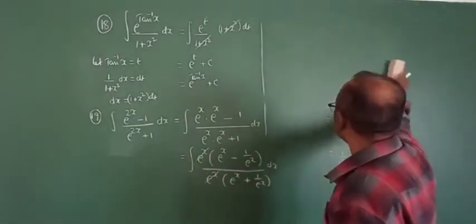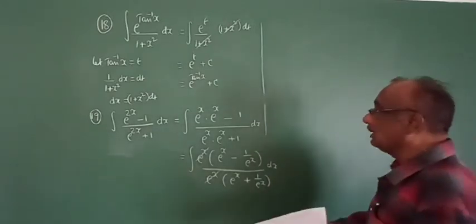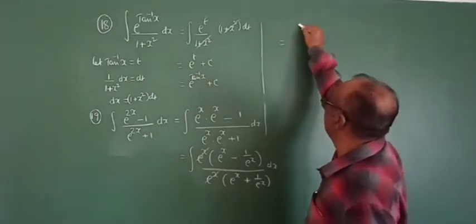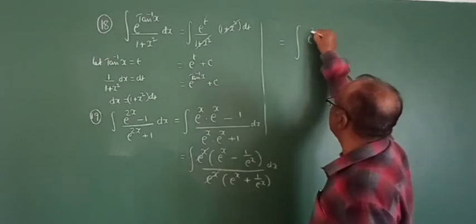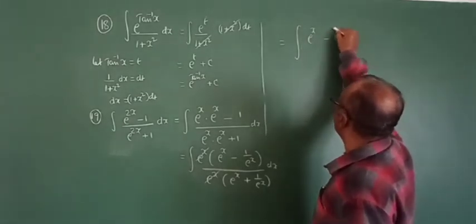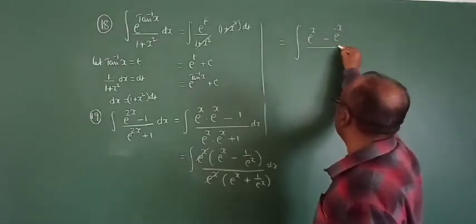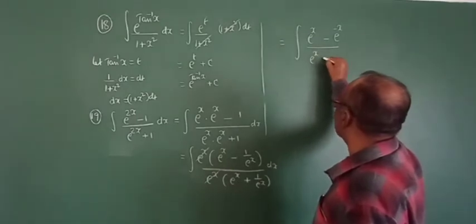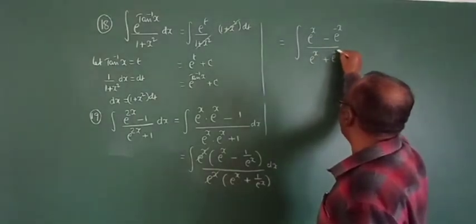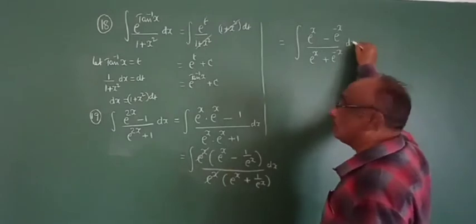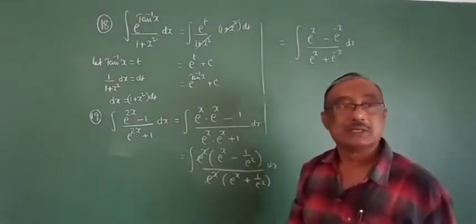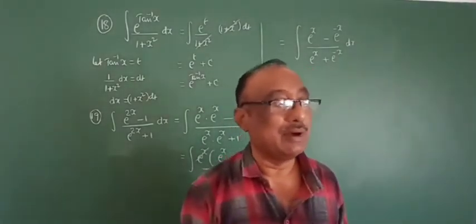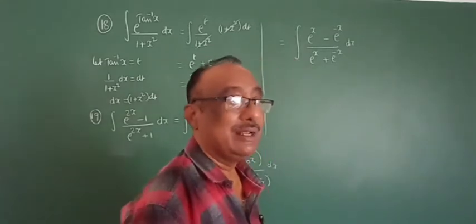Everyone observe. Integral of e power of x; for the second one, the reciprocal power is negative, 1 by e power of x. Is it clear, everyone? Right.